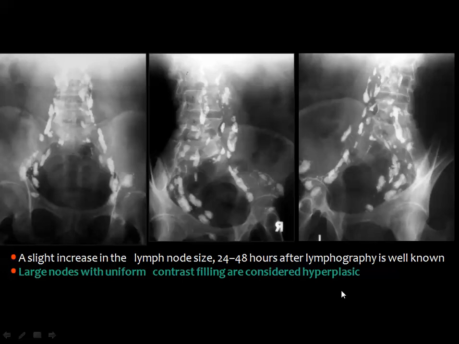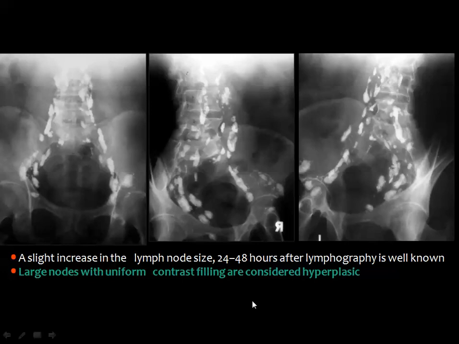We consider the average size of the lymph node to be within 2 centimeters in diameter, but in lymphography we accept large nodes as normal or hyperplastic if they maintain their normal shape, which is the shape of the kidney, and they are homogeneously filled with contrast material.